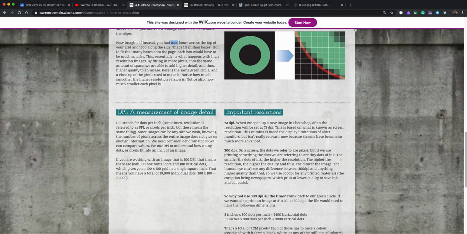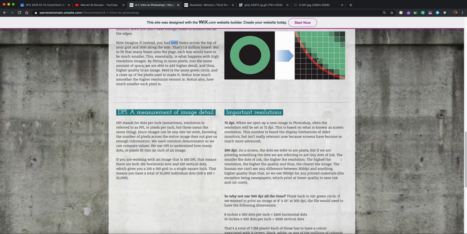Pixels are the little squares. When I say something has a certain resolution, I mean how detailed it is, how much pixel density, as I said earlier. How detailed is that image? We need to refer to this in real world terms to make sense, because lots of different screens have different pixel density.